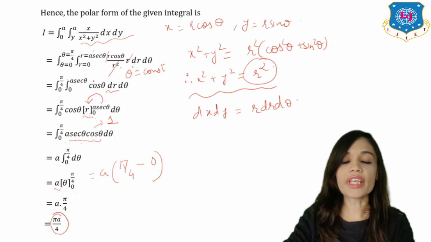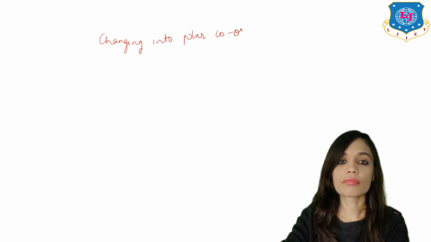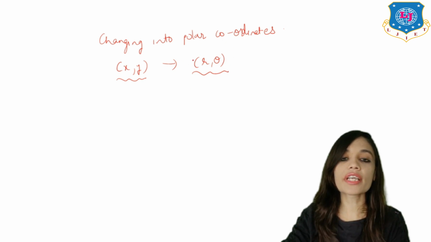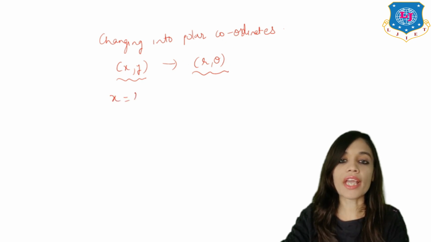So in today's session, we have studied changing into polar coordinates. What we have done here is converted our Cartesian coordinates x, y to polar coordinates r and theta. How have we converted this? By assuming x as r cos theta and y as r sin theta.